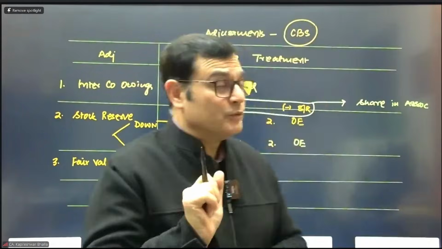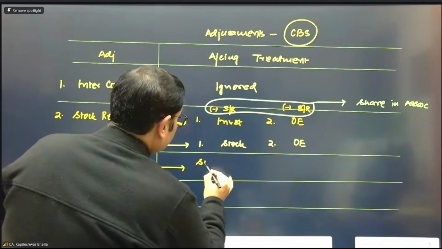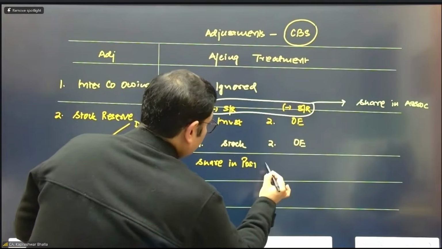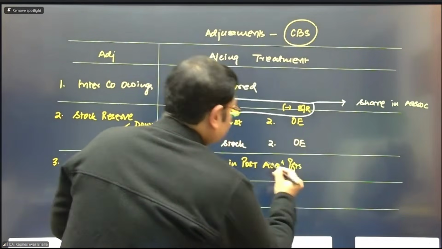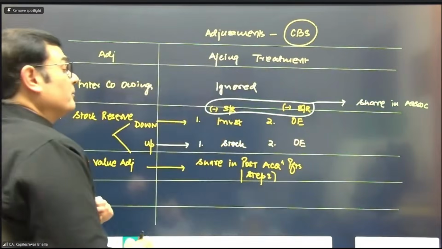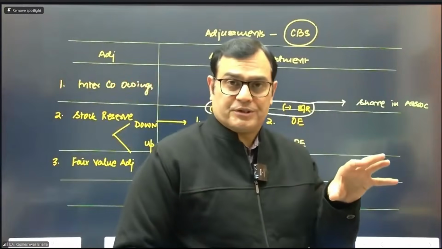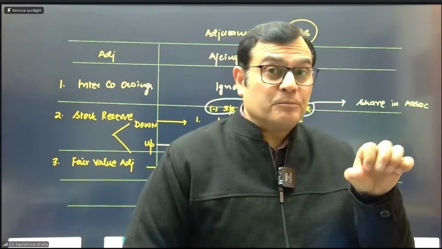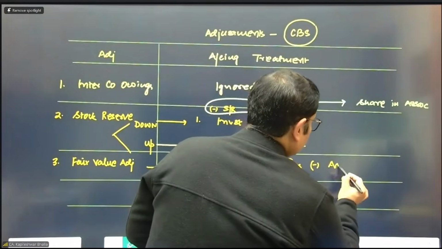So what I need to do in this particular case, when you consider the share in post-acquisition profits, that is when you apply step number 2, the net asset changes. So when you take the share in the post-acquisition profits, we'll reduce that additional depreciation from here.